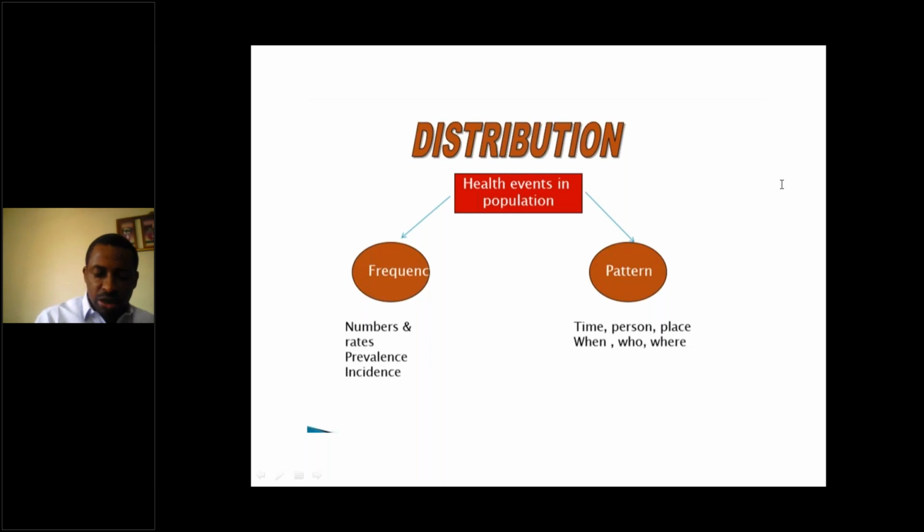So you're going to evaluate this current pandemic we have in the light of epidemiology and public health.